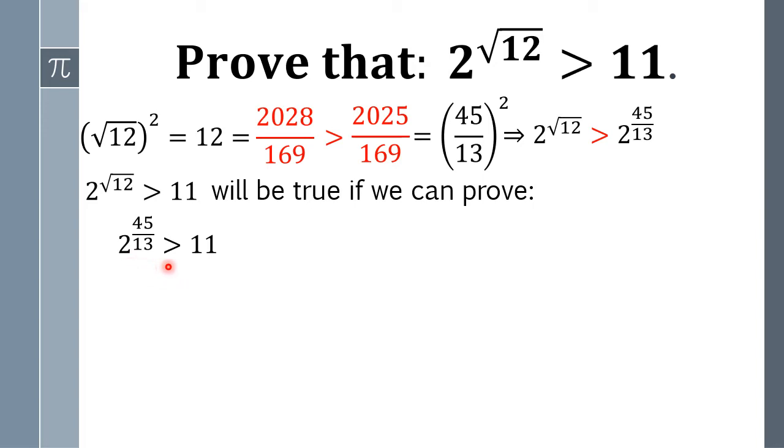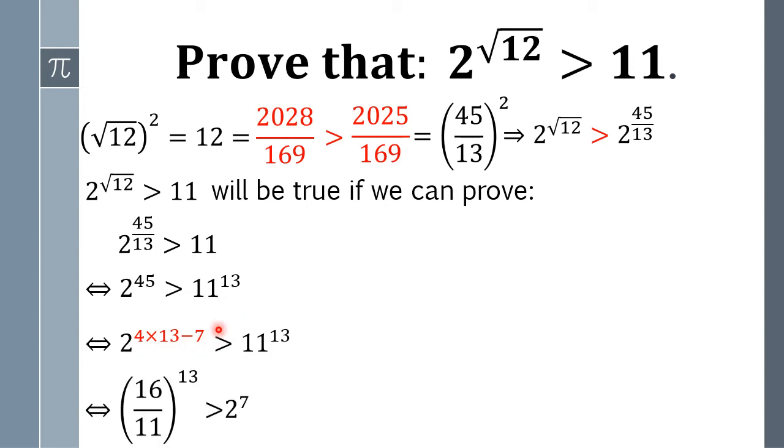This inequality is equivalent to 2 to the 45th power larger than 11 to the 30th power. And on the left side, we also want to get power of 13. So we write 45 as 4 times 13 minus 7.